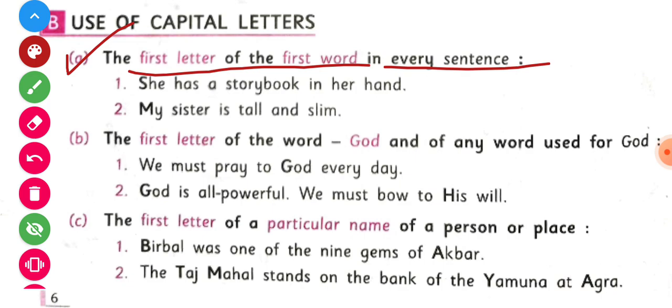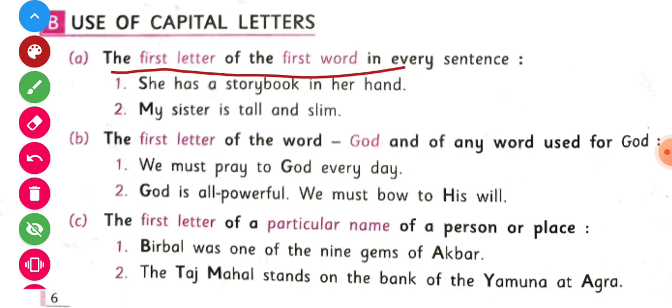When you are starting a new sentence, when you are writing a story, when you are writing a paragraph, then after a full stop, when you are starting a new sentence, the first letter of the sentence will be capital. Means the first letter of the first word in every sentence will be capital.